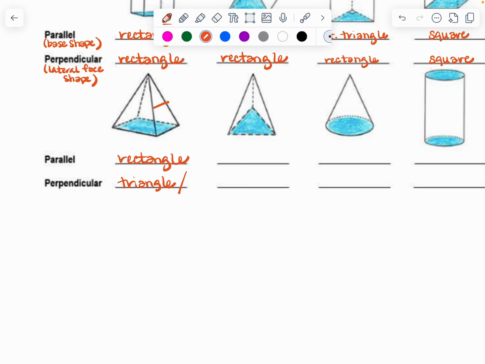However, if I don't go through the apex, if I go straight through this point, then I'm going to have a trapezoid. So it depends. Perpendicular to the base, if I go through the apex, clearly I have the full triangle. But if I'm going through the side, I'm going to be getting a trapezoid.